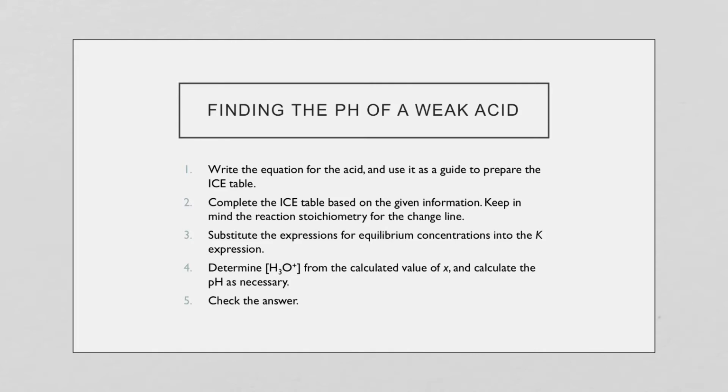Now, weak acids become a bit more complicated, because while there are still two sources of hydronium ion, remember, we have some hydronium from the acid, from the acid ionization, and we have some from the water, the autoionization of the water.